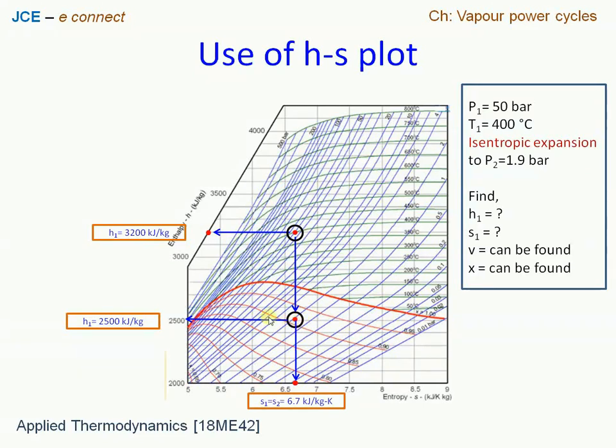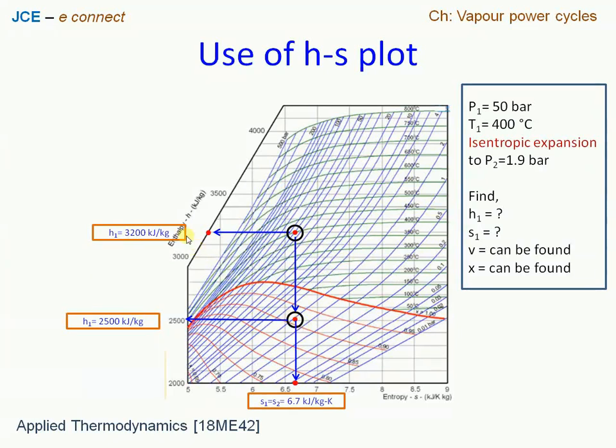So we can see a saturation dome which has dryness fraction 100%, and then the next red curve here shows 95%, and then the other one is 90%, but the state point we have is just above 90%, so we can read this as 0.92 dryness fraction or 92%.